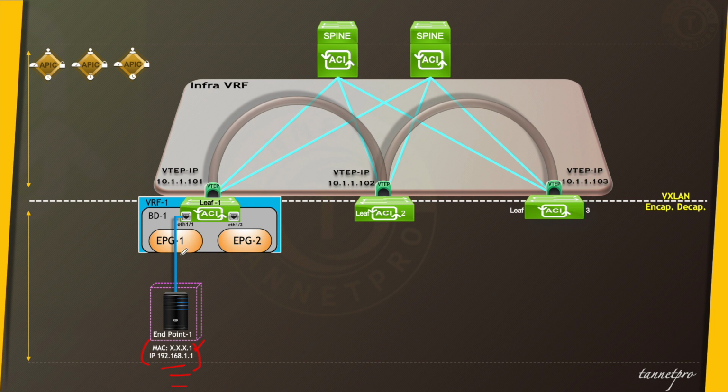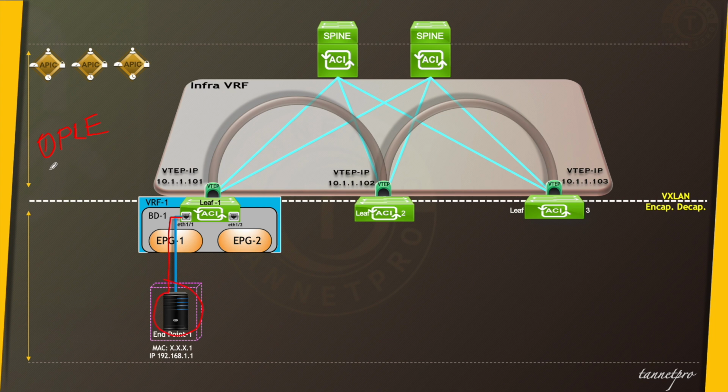Now I will explain how many types of endpoints we use in ACI infrastructure. First, the physical local endpoint. Please bear with me for a few moments for the drawing. This is physically connected, the physically connected local endpoint, right?